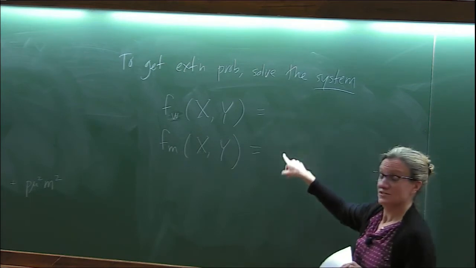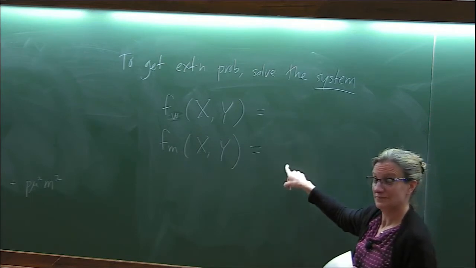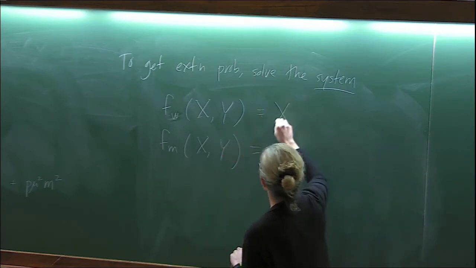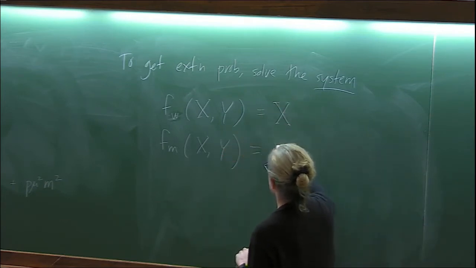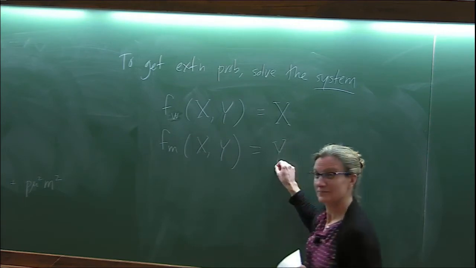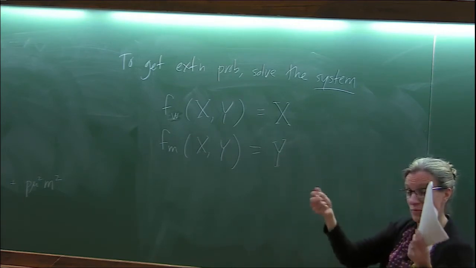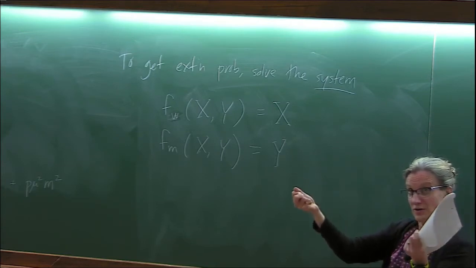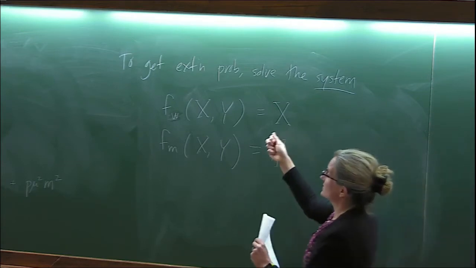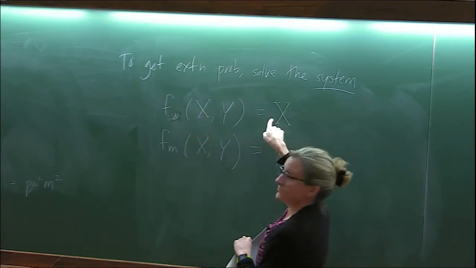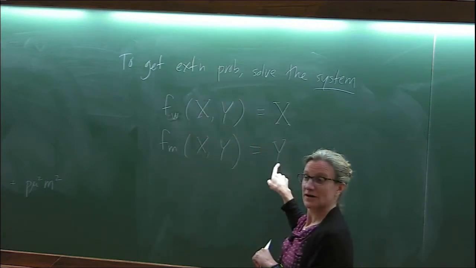So the first question is, what goes here? And it turns out the thing that works is to set this one equal to x and this one equal to y. So it's a fixed point of the whole system in that way. You find 2 points, x and y, 2 numbers, that when you sub them both into the left side of the equation, this equation will give you x and this equation will give you y.